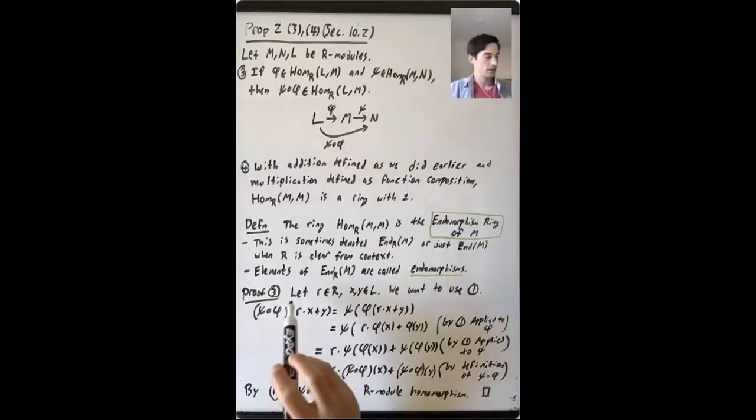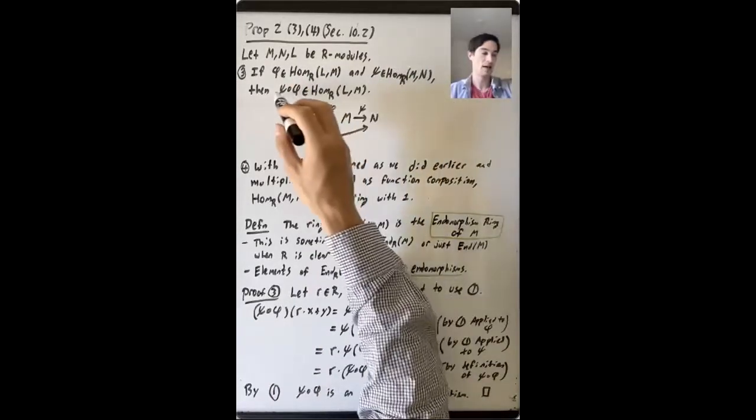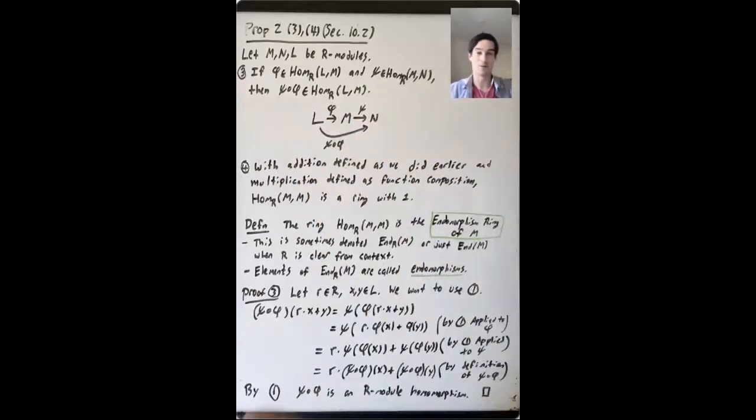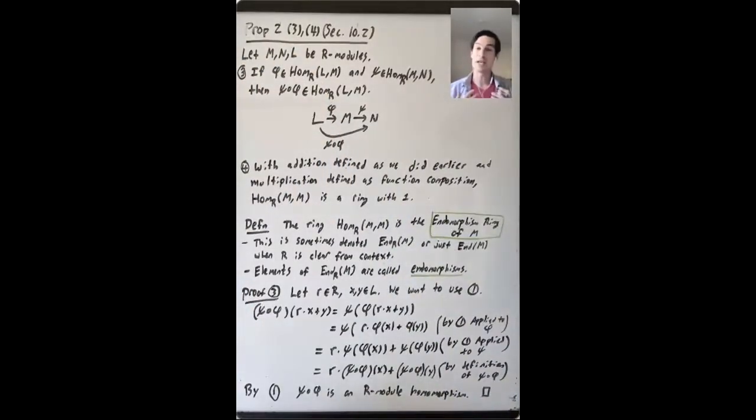So the idea here is we have these two R-module homomorphisms, and we can compose these functions. We want to show that what we get is an R-module homomorphism. And at the very beginning of this lecture, we proved the first part of this proposition, which gave a nice way to check when a function between two R modules is an R-module homomorphism.